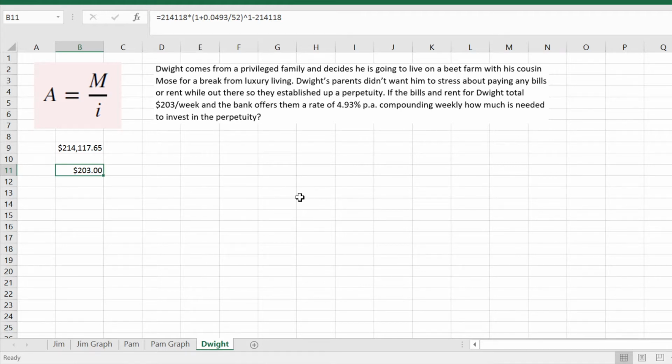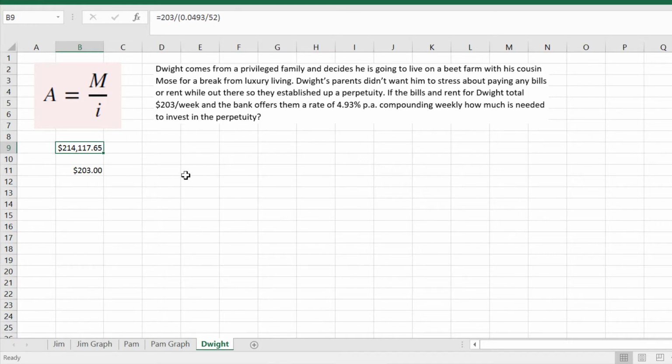And the cycle would repeat over and over again. It's never ending. As long as you keep these same conditions, as long as that $203 doesn't grow any bigger, you will not be making money on this $214,118. Obviously, you'll be using it to pay bills, but you'll never be losing money.